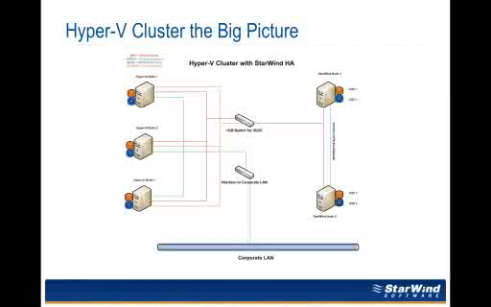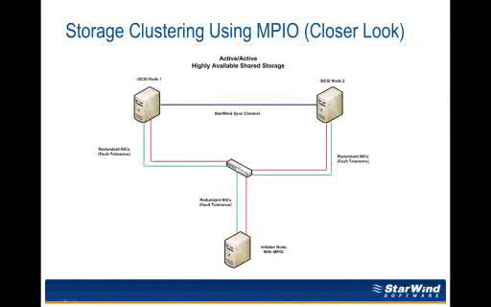Now, taking a closer look at MPIO, we start to get a clearer picture of what's going on behind the scenes. As you'll see during the demo, we're going to be talking about having multiple active paths to the storage with a load balancing policy set at the initiator side.